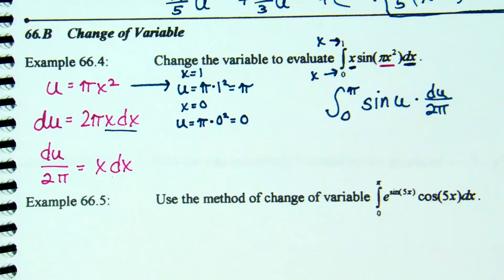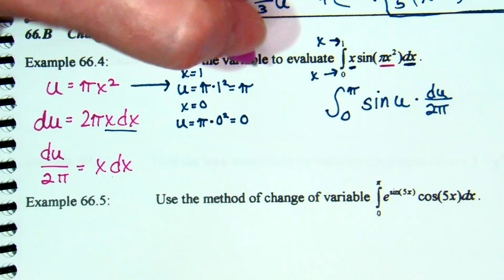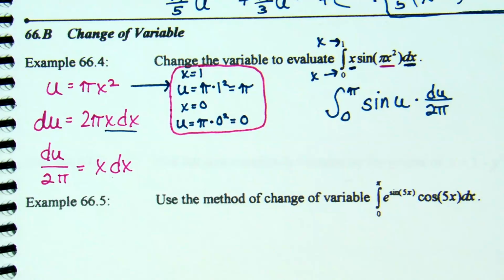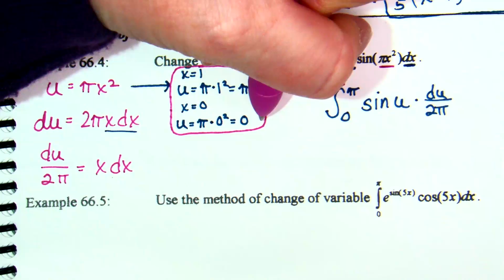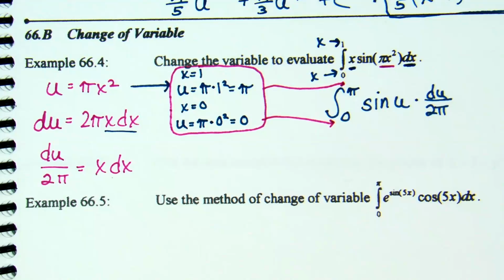So the bottom boundary actually stayed. Now what we can do is we can integrate. We can finish this problem using 0 and pi instead. The only reason I encourage this is because now I'm not going to have to remember at the end, after I'm done working everything, to go back and change my boundaries. Okay?